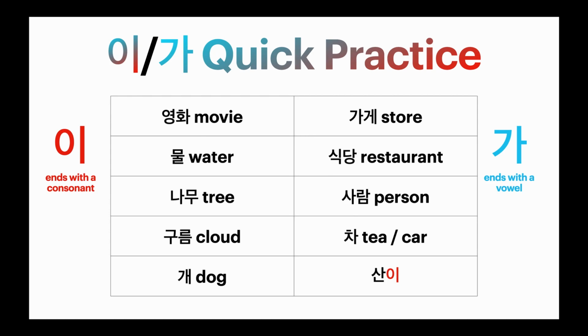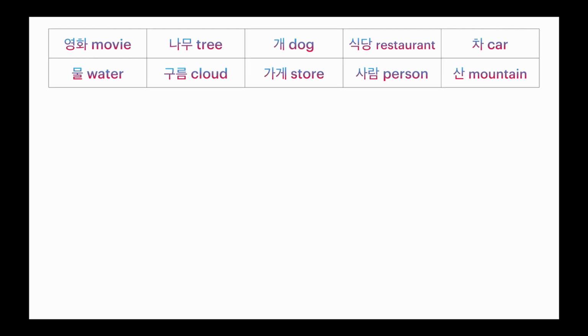And today we're going to practice it as car. And lastly, 산, mountain. Feel free to pause the video here if you want to go ahead and write these down, but I'll also have them in this chart up here for a little while.